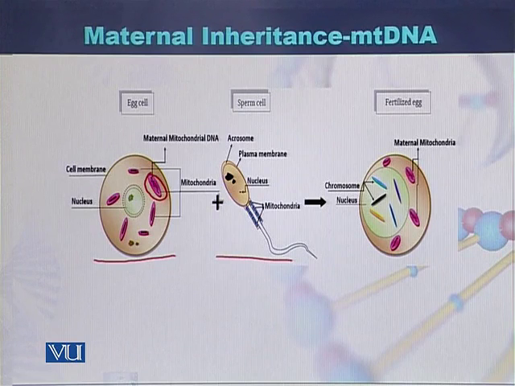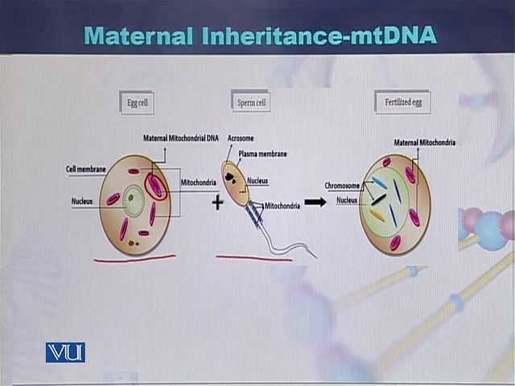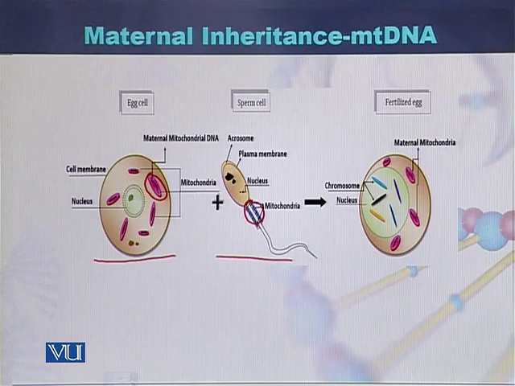On the other hand, in sperm, the mitochondria are present at the tail. So when the sperm fertilizes the egg, it transfers only its nuclear DNA, N for nuclear DNA, into the egg, and it does not transfer the mitochondrial DNA into the fertilized egg.